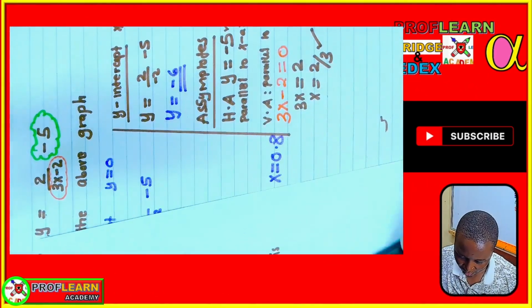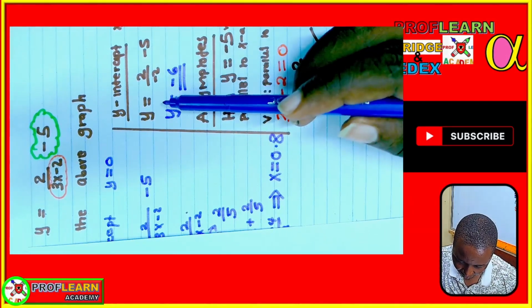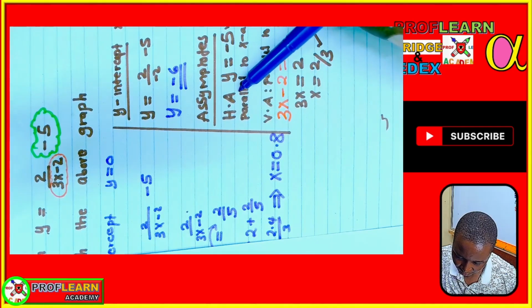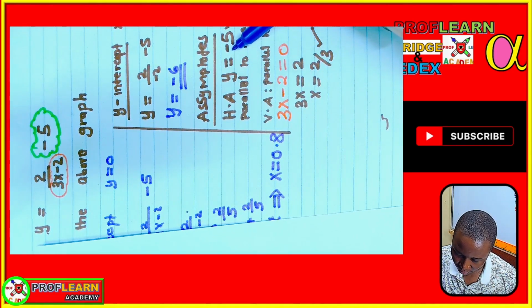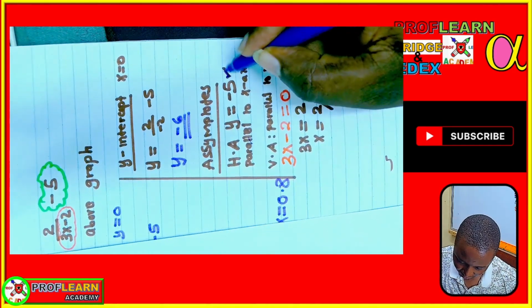The first thing we need to sketch is the asymptotes. Our horizontal asymptote is y equals -5. You can see it here, the horizontal asymptote. So let's start with that.